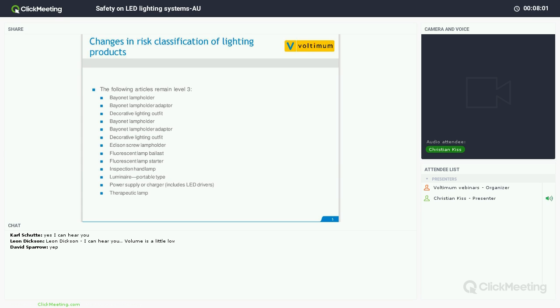So, for example, a fixed luminaire such as a trophy or a downlight, a general user is not supposed to touch those things, and it's not portable, so they're supposed to be fixed in place. So they wouldn't normally be touching those, and therefore they're considered low risk, and certification for safety is not mandatory. But that's basically the way the risk levels work.